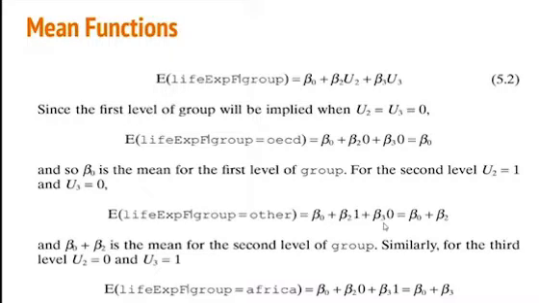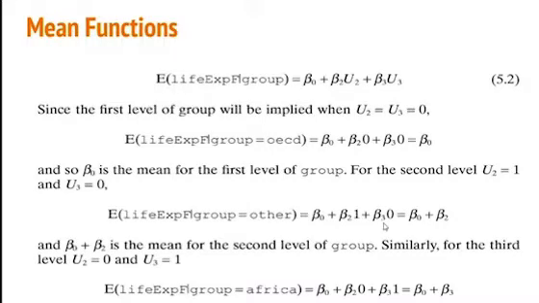Any question on these equations I just presented to you? The combination of regression parameters that can give you the mean of the first level of the group, the mean of the second level of the group, the mean of the third level of the group.